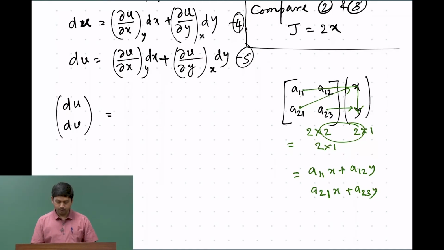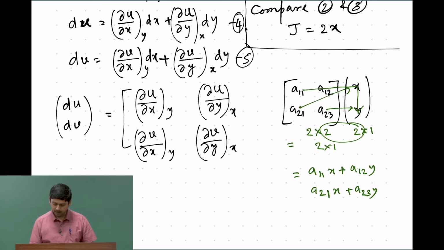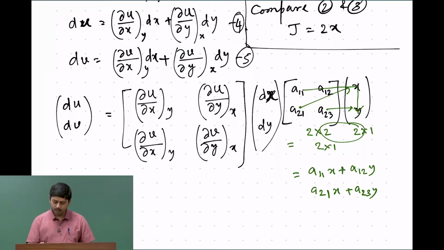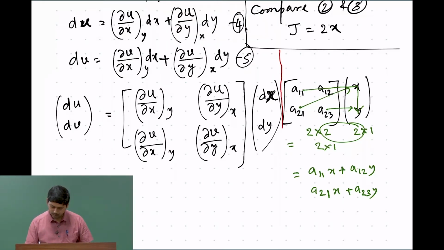So, it is a matrix of 2 cross 1, and on the right hand side I have a matrix of 2 cross 2 terms: del u by del x at constant y, del u by del y at constant x, del v by del x at constant y, del v by del y at constant x, and then I have this dx and dy. Okay, I will just put a line here in order to denote the separation of the space.